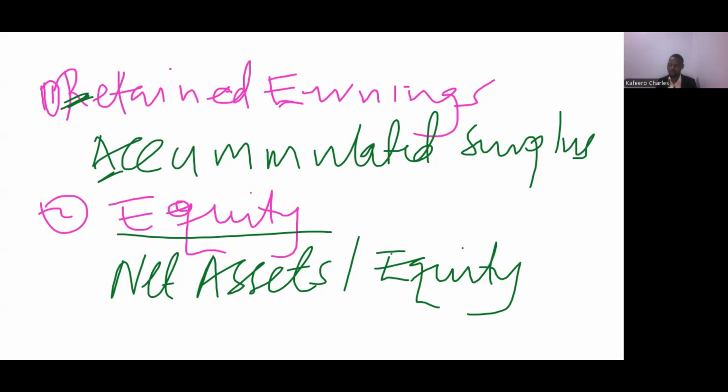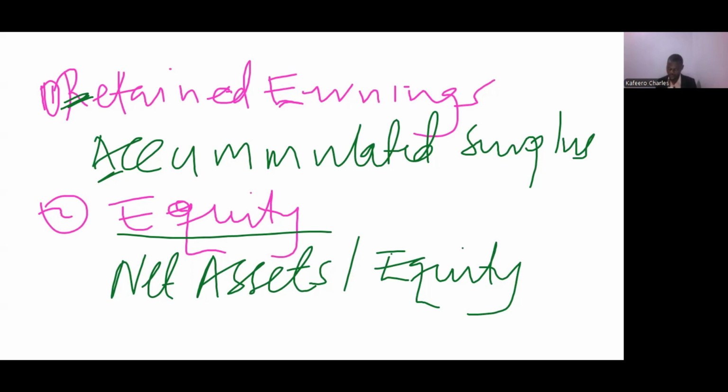In the public sector, we call it net assets stroke equity, because the equity section within the private sector comprises the share capital contributed by the shareholders. But here we don't necessarily have shareholders in the public sector.